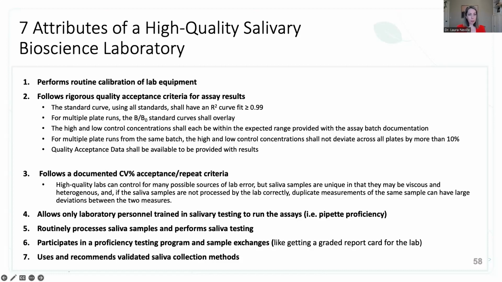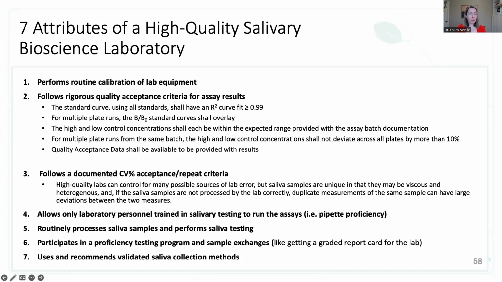But routine calibration, following these rigorous quality control assays and calculating from time to time and checking in on these numbers, that's important. They've even done studies on having laboratory personnel trained in salivary testing to run the assays. That matters because if they're not trained in what's called pipette proficiency, that can have a variance in what comes out as the answer to what is my patient's hormone level.